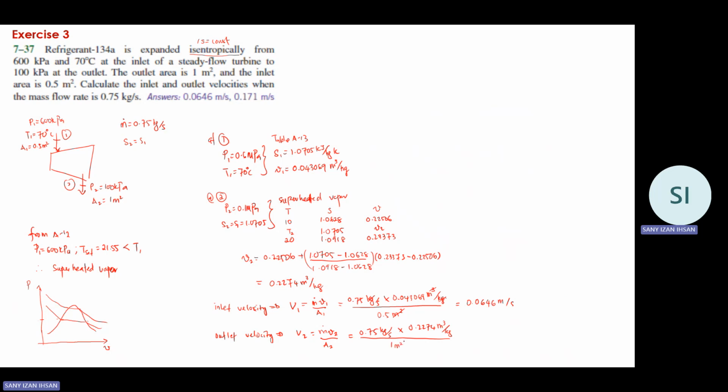So again, we cancel this. Kilogram also cancels. So if you do that, then you get 0.171 meter per second. Okay, so basically these are the answers.